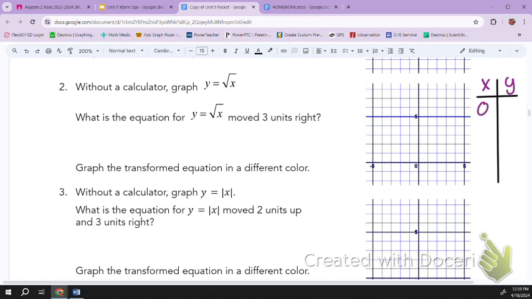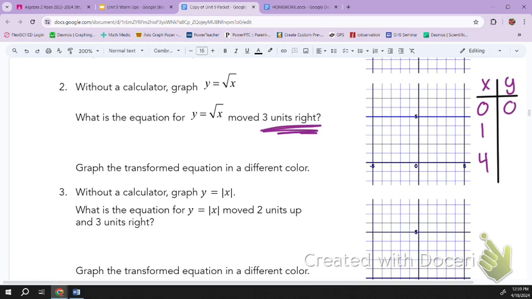I would look at the square root of 0, the square root of 1, the square root of 4, and we're going to graph the major points. And then what happens when it moves right? What's the equation look like? What does it look like on the graph? So take a minute and work on 2 with your group.